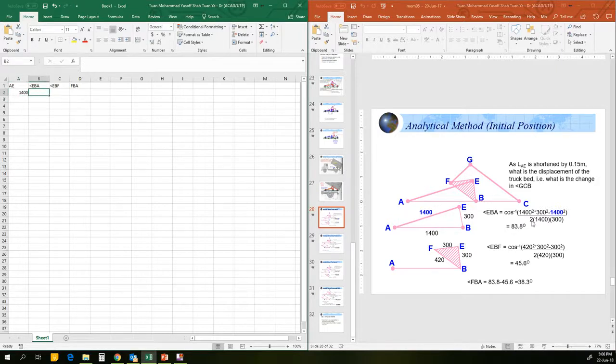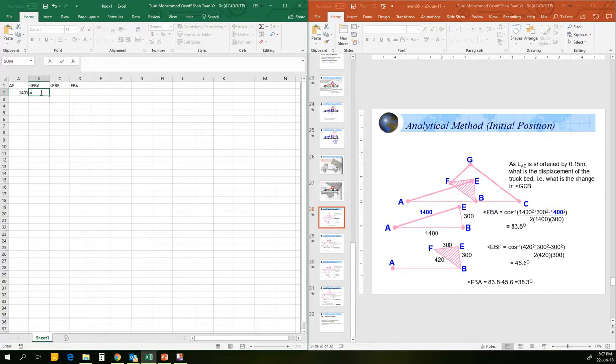For the angle EBA, the equation shows that we are using the cosine equation. Excel normally calculates using radians, so even if you solve arc cos, it will produce a result in radians.